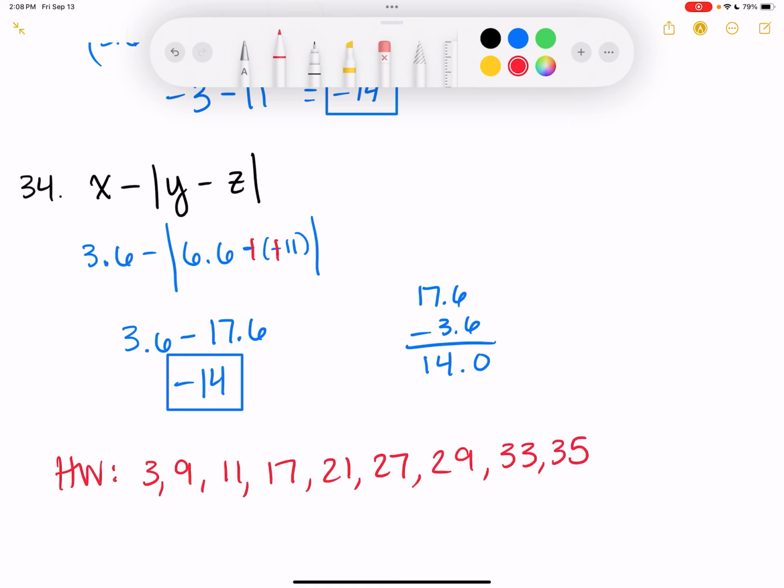And these are due Monday. Did you get all these written down? But I won't be here on Monday. We're doing 2.4 on Monday, so you'll just have to get that work after.